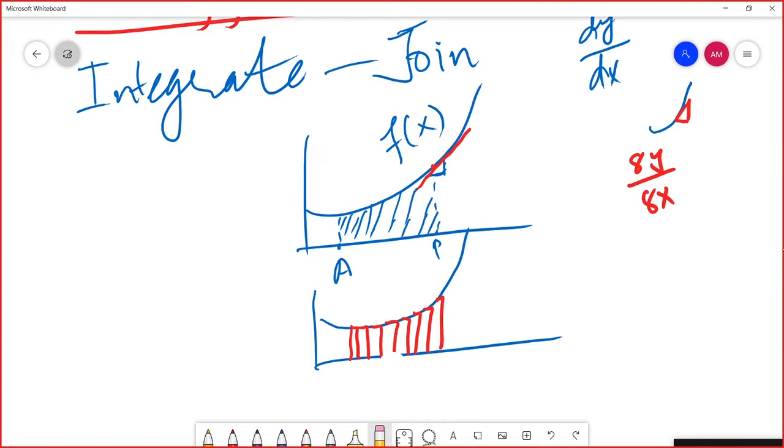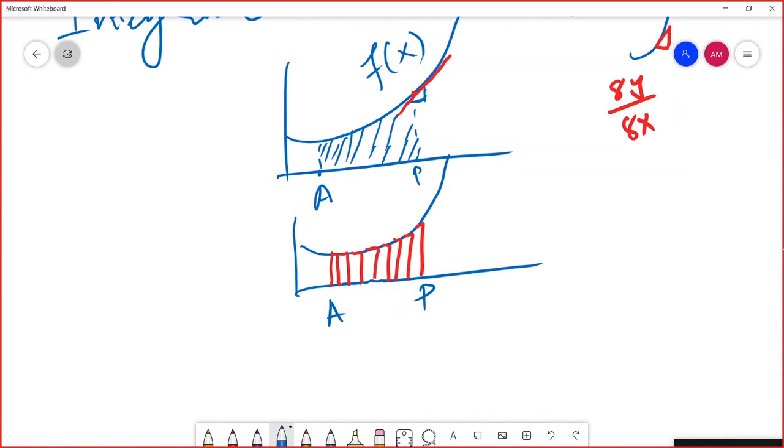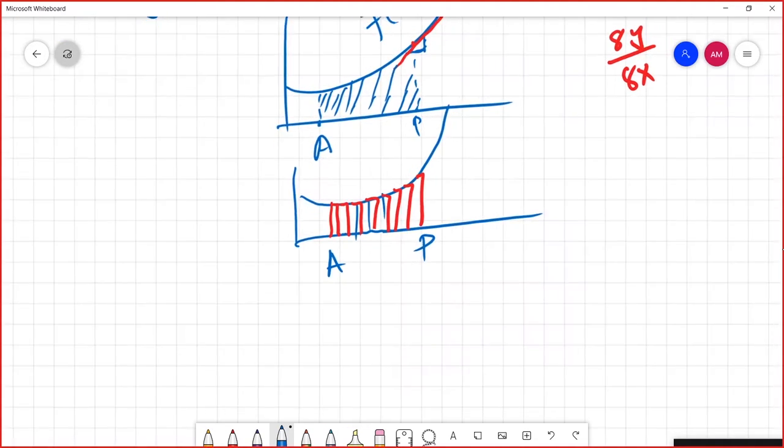And we would know the area from the point A till P. Does it make some sense to you? So in differentiation, we were just saying the gradient, while in the integration, we are integrating these small strips together, which I have made.